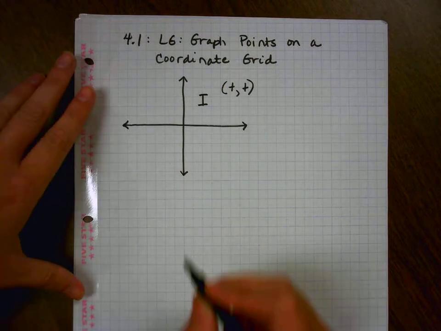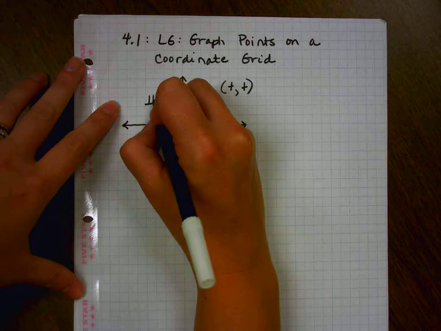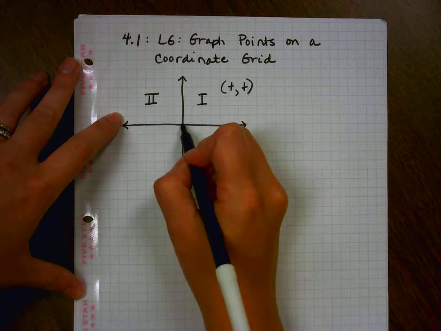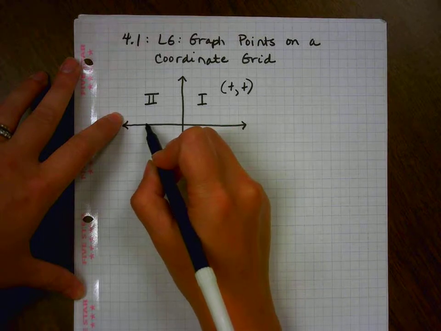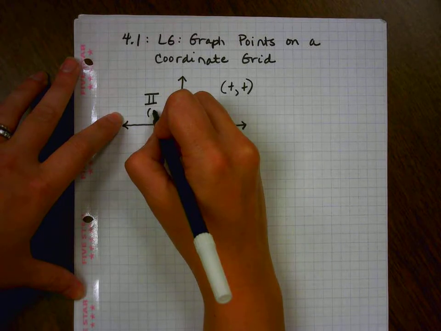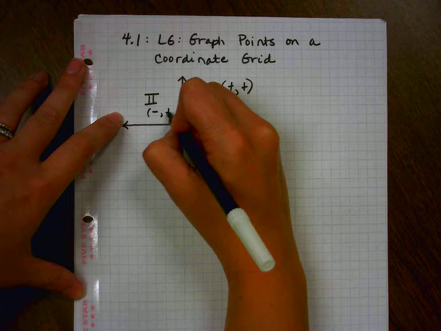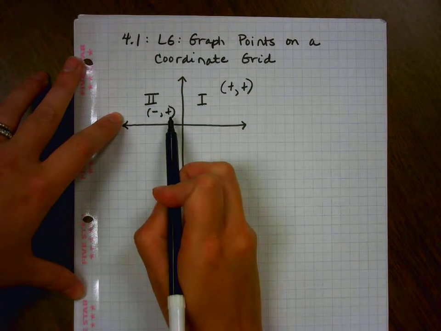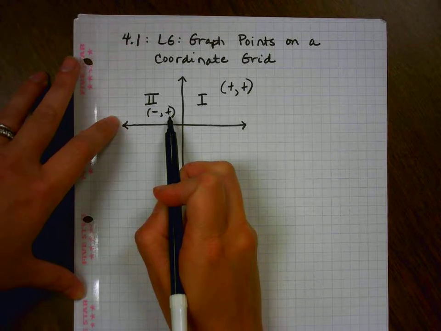Okay, then going counterclockwise, we have quadrant 2. In quadrant 2, you always move negative on the x-axis before you go up to positives. So in quadrant 2, all the x's are negative, all of the y's are going to be positive.